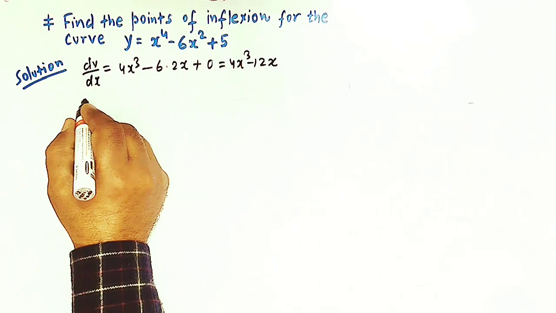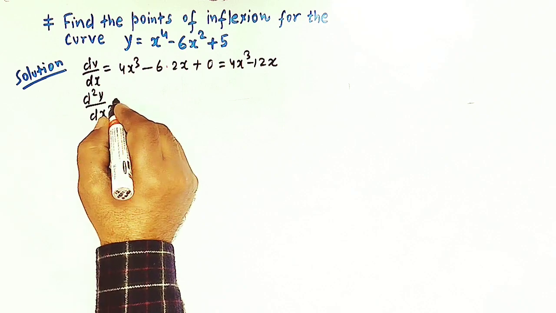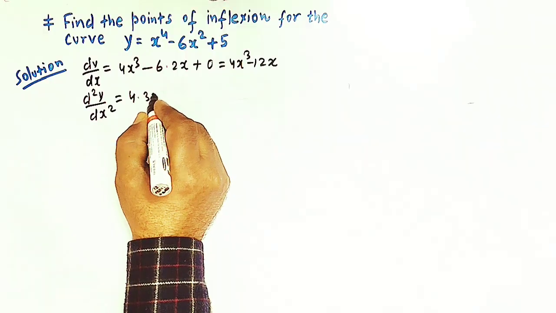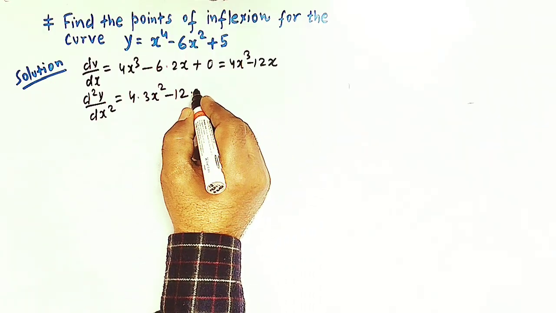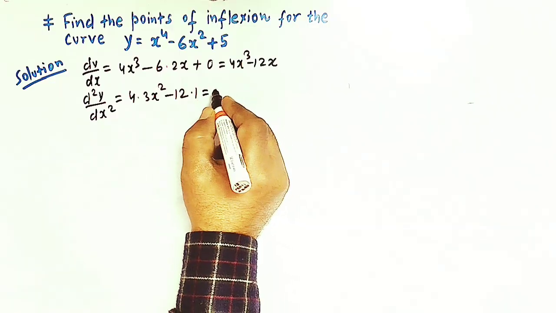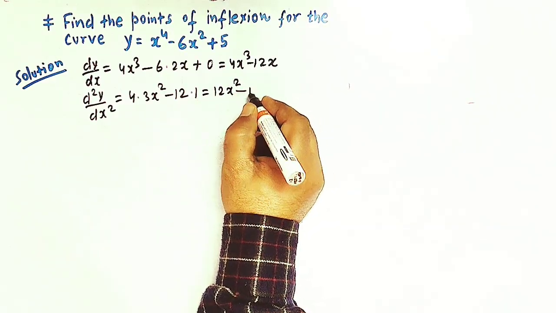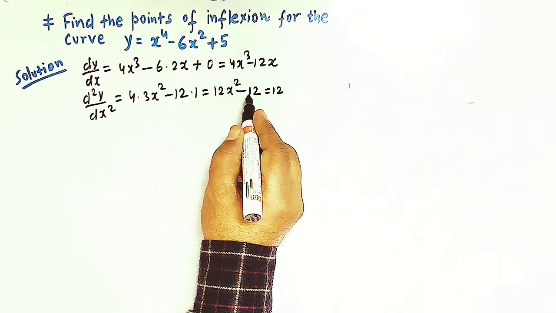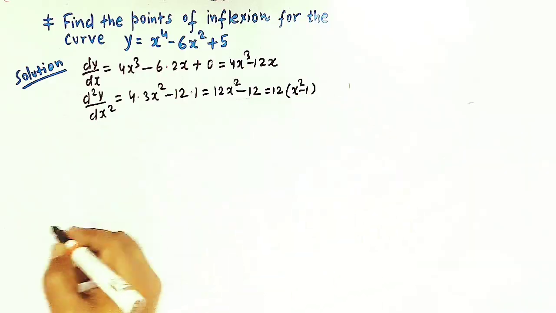Now let us find out the second derivative, and the second derivative is given by 4 times 3x square, and then we have minus 12 times 1, so this is 12x square minus 12, right? So we can write it like this, we can take 12 common, so we have x square minus 1.